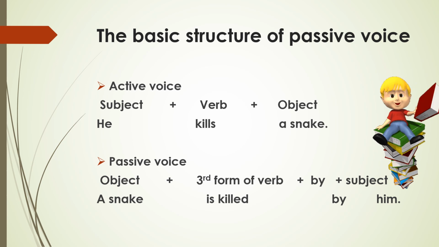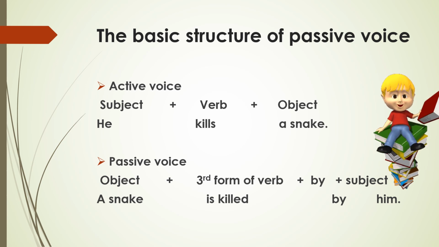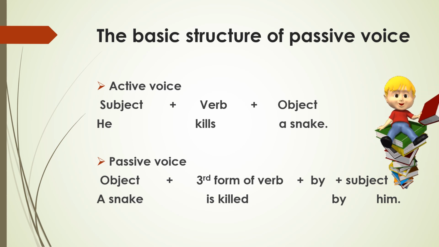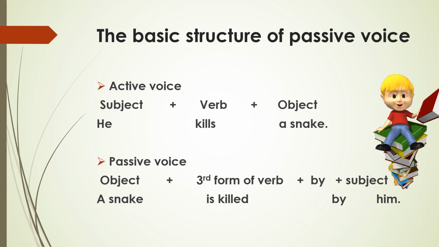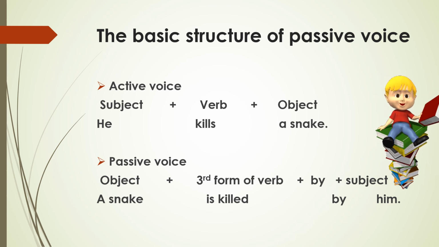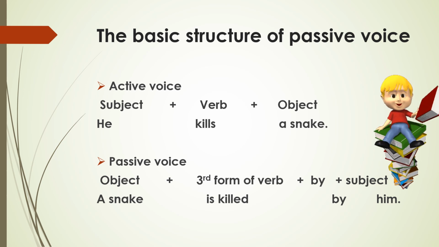So the same sentence, he kills a snake, will be converted into passive like this: a snake is killed by him. So this is the basic structure of the passive voice: first the object, then the third form of verb, then by, and then the subject.